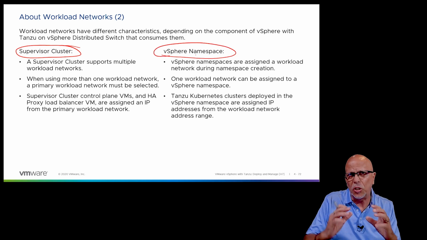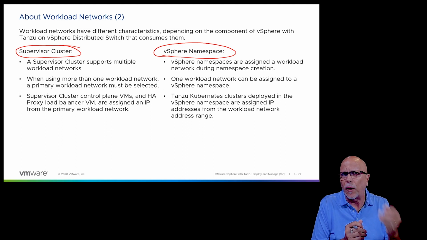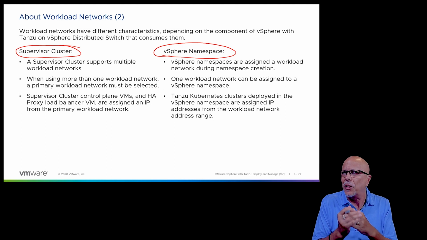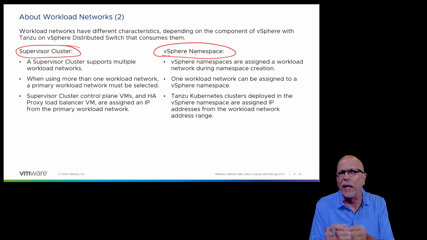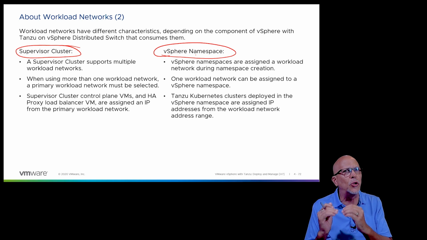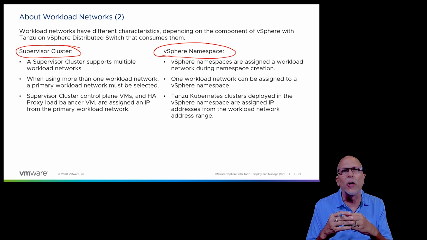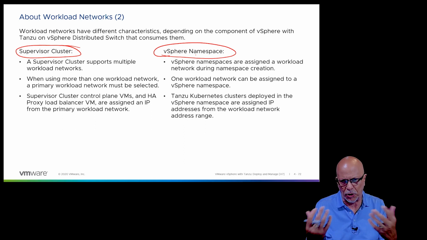So we're still using the vSphere namespaces that we've already covered. But now when you create a vSphere namespace, and we see that you're creating that namespace on a vSphere with Tanzu cluster that is using vSphere distributed switches, we're going to require some additional information from you.